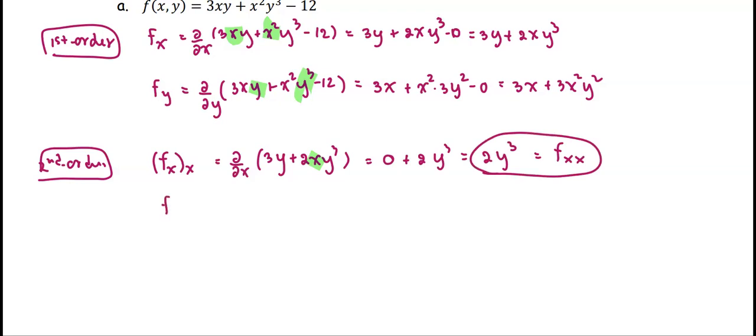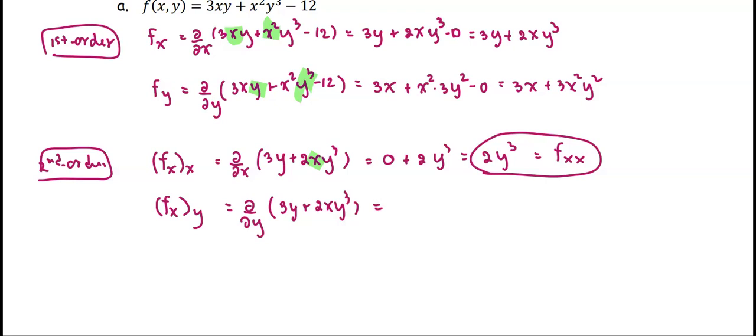And the next one, the second order of the one with respect to x and with respect to y. So partial with respect to y of the f subscript x, which is 3y plus 2xy to the third.